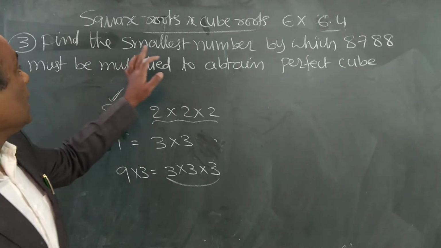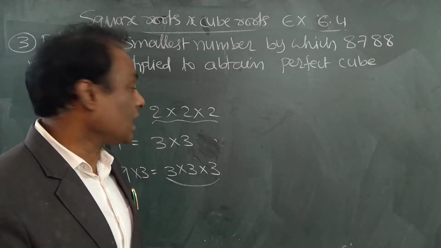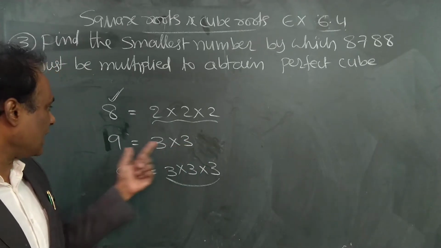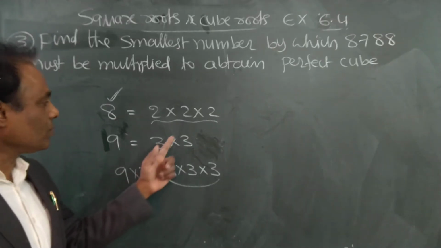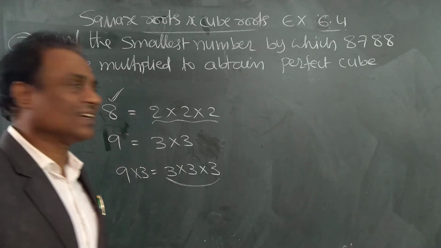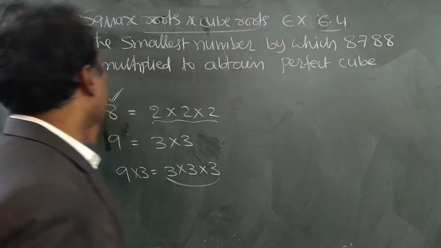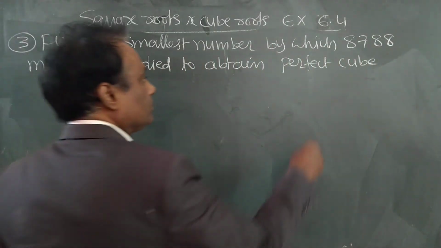Here also 8788 is not a perfect cube, so it should be multiplied with something. Here 9 is not a perfect cube, so it should be multiplied with one more 3 so that it becomes a perfect cube. Like that, here also you decide: if it is not a perfect cube, it should be multiplied with what number? See here.